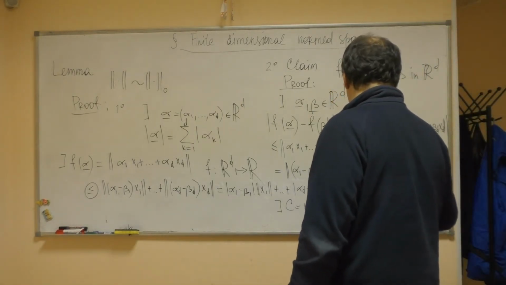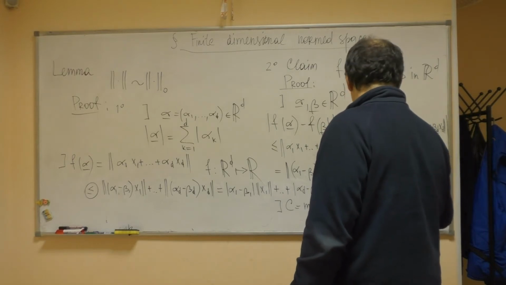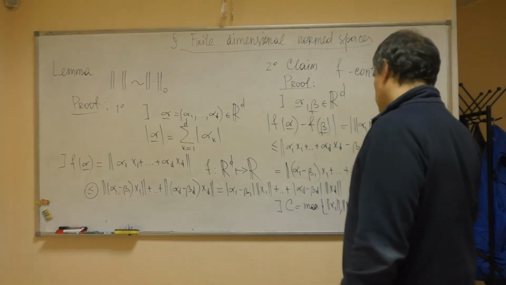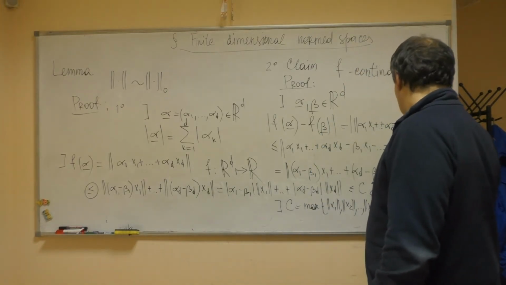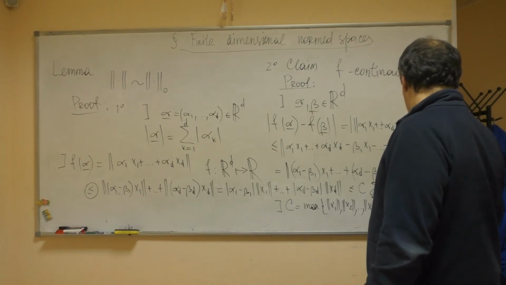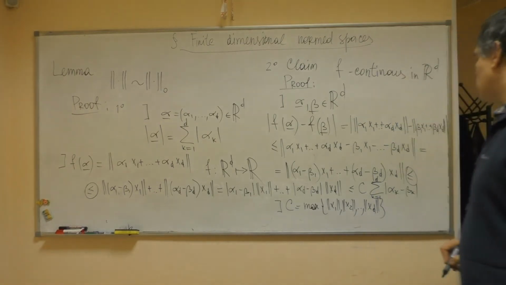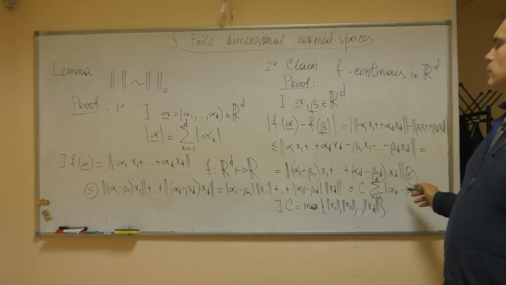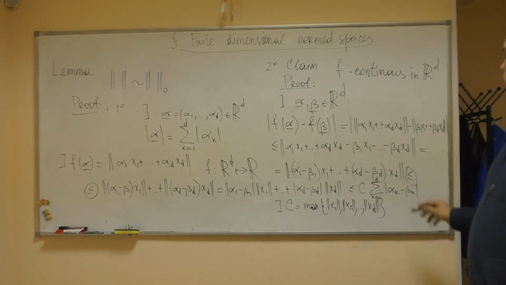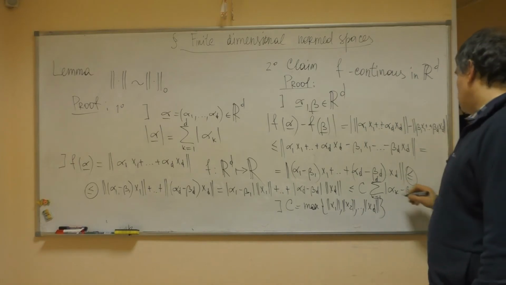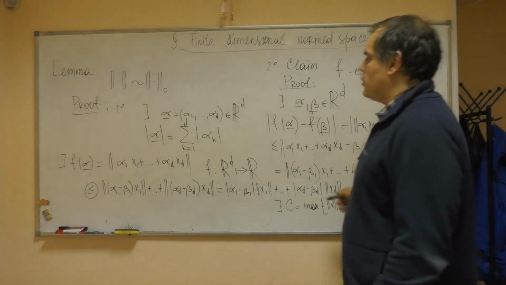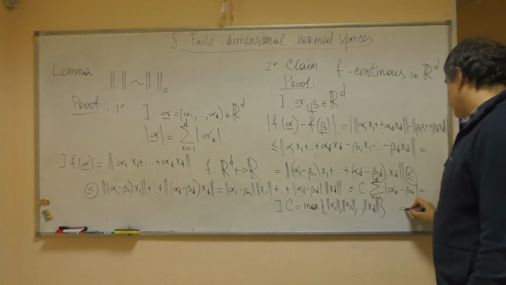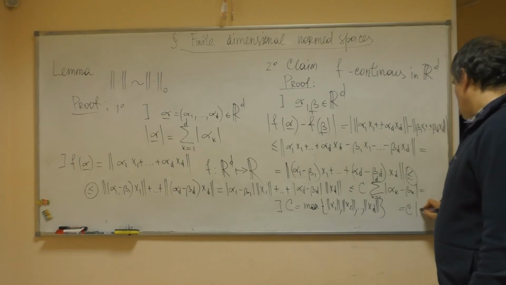And we can write finally sum of absolute values of different, and this is exactly the norm we used in RD.